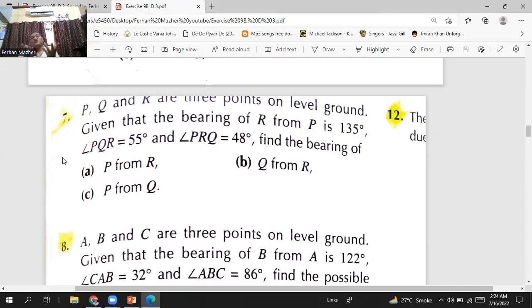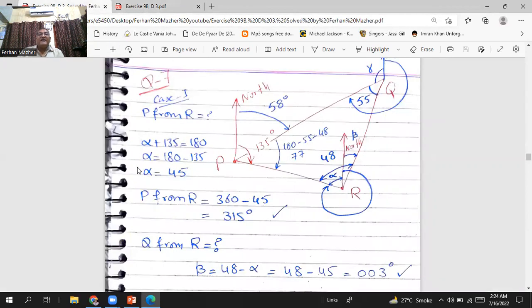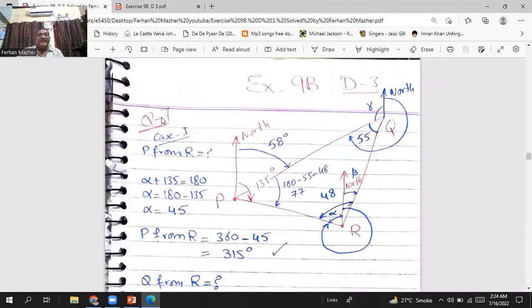But the first task is to make a diagram of the story here. P, Q, and R are 3 points on level ground, given that the bearing of the R from the P is 135, and then the 2 internal angles are given. According to the story, the bearing of the R from the P is 135.